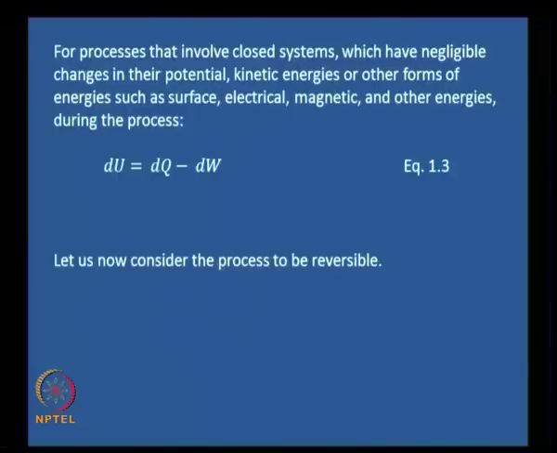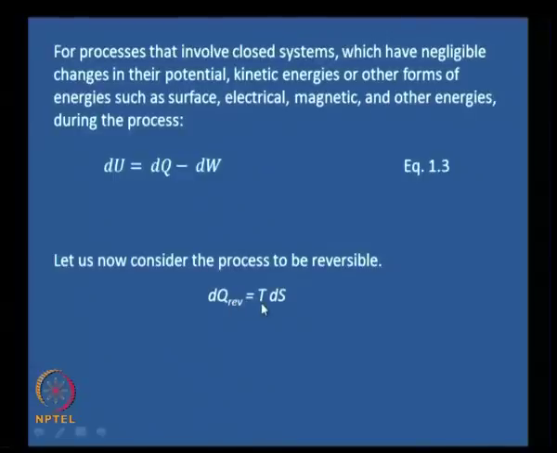Now let us consider the process to be reversible. We all know what the concept of a reversible process is. If the process is reversible, from the second law we know that dq reversible equals TdS. Recall that dS equals dq reversible by T. From that we get dq reversible equals TdS.